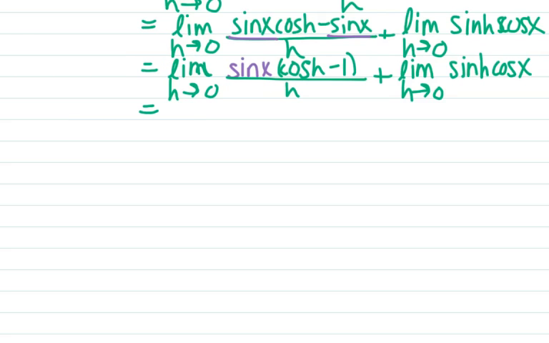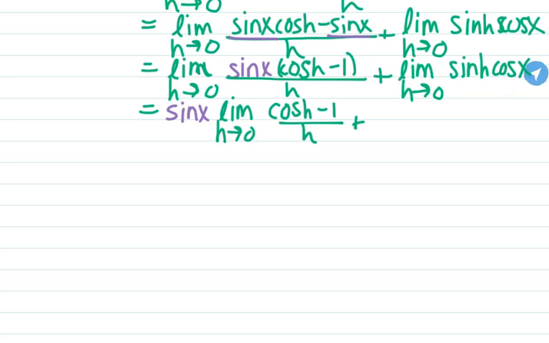So I'm going to pull sine x out front, and that would leave me with the limit as h goes to 0 of cosine h minus 1 all over h plus, again, if it's going to x, not affected, so I'm going to pull that out front. And that leaves me with the limit as h goes to 0 of sine of h.